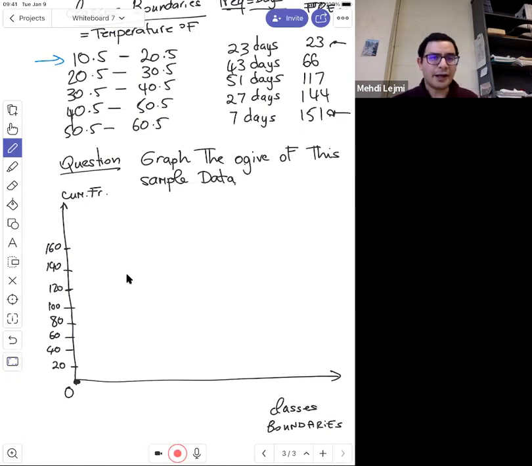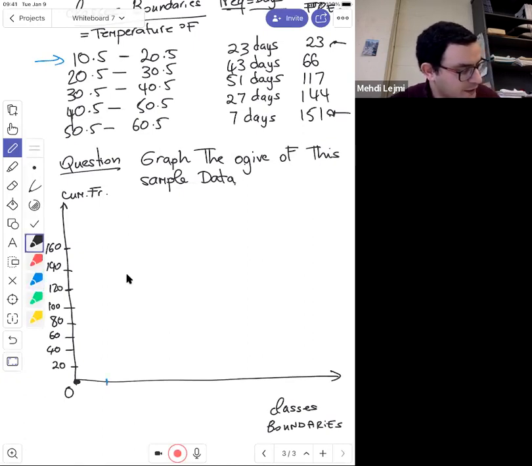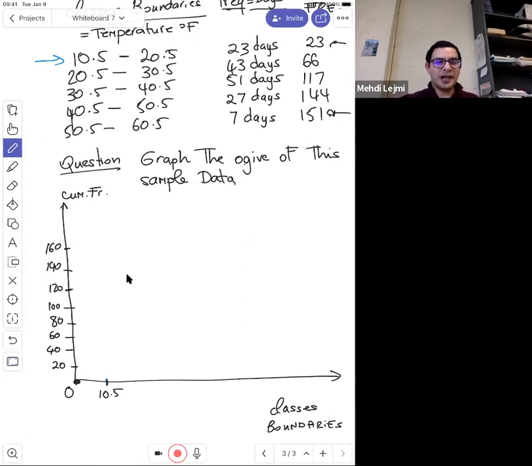Again, guys, the units don't have to be perfect. So you can just decide, for example, let's say this point is my 10.5. I didn't really measure any units here, right? So you just take a point which is kind of close to 0, and that will be the lower boundary of the first class.